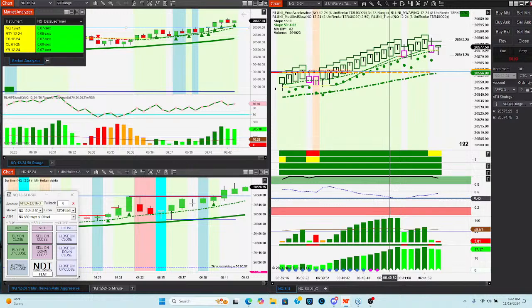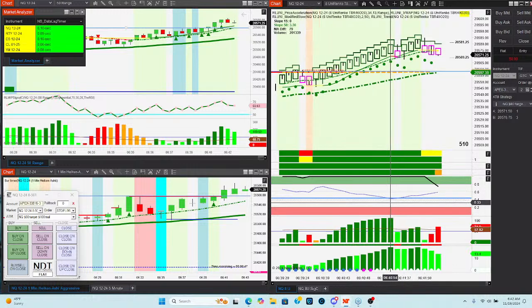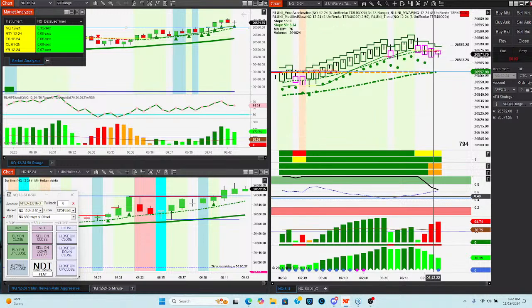And when it hits this level, it can do two things. It can ride along it, it can go below it, it can bounce off of it. If it bounces off of it and goes up, the move is pretty much done. If it goes below it, the move is exhausted. Sometimes it just rides it. And that's something that I'll look at when I'm about to pull off a trade.